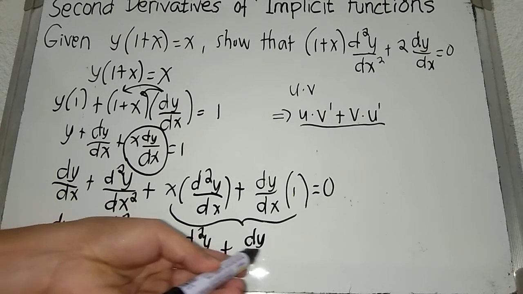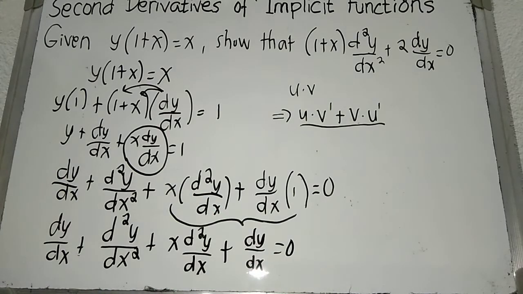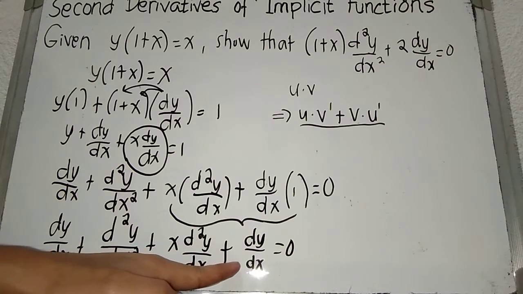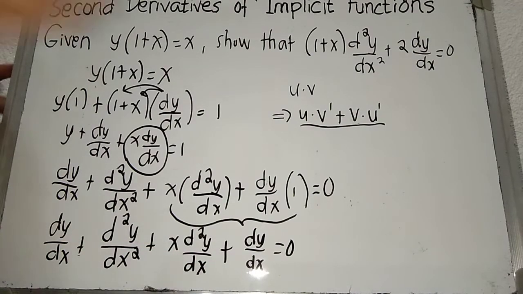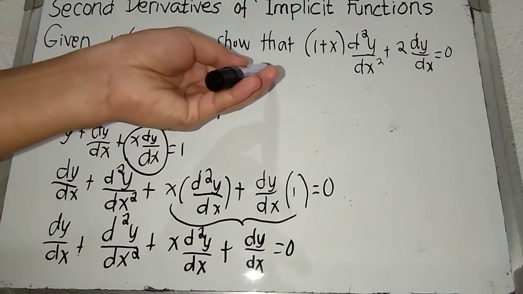That is dy over dx, which is now equal to 0. Combining similar terms, take note that this part here is the same as the last term. So we are going to combine that. So we are going to write on this part.